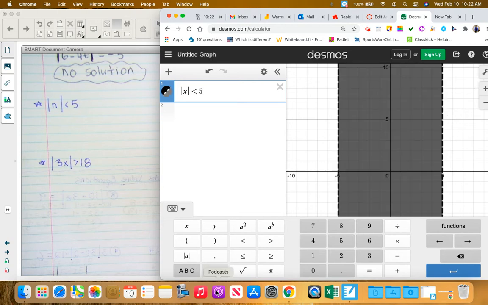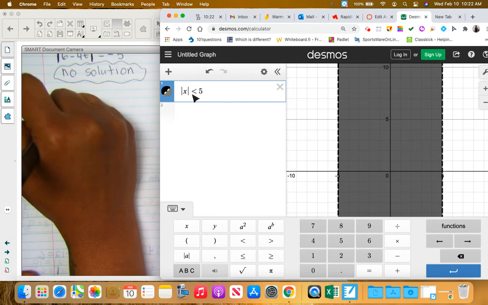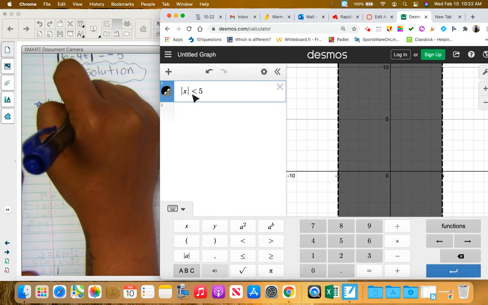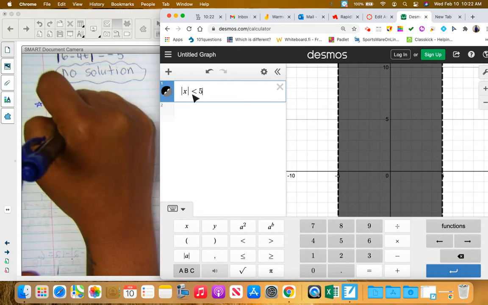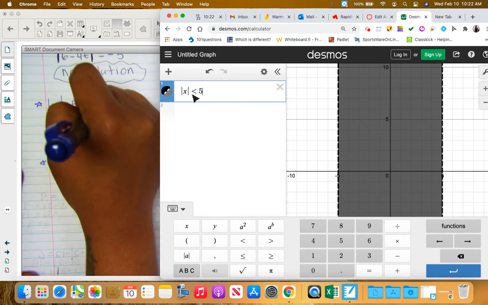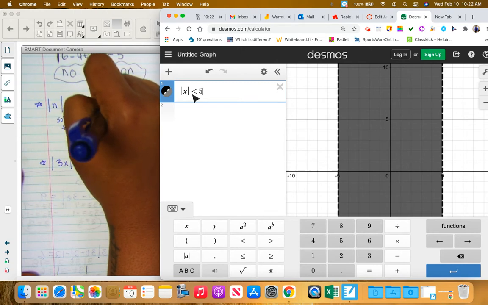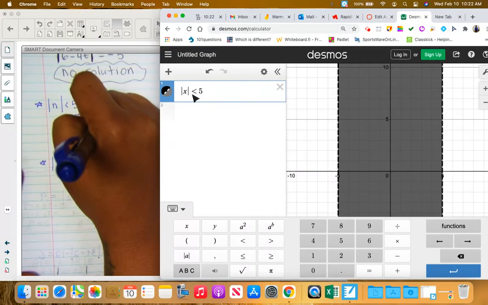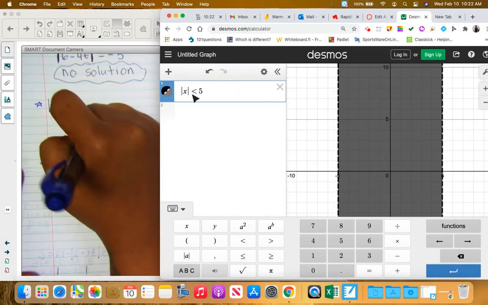Okay. Notice this is what pops up. When you have an absolute value that's less than something, your solution is going to be a shaded region in between two values. So let me write that down. So solution is the shaded region in between two values.